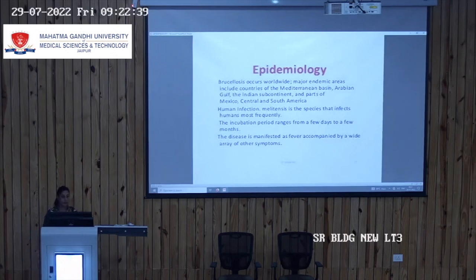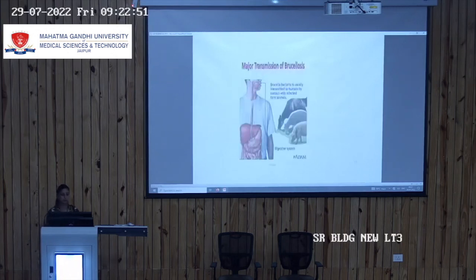In human infection, melitensis is the species that infects humans most frequently, and the incubation period ranges from a few days to a few months. It is mainly transmitted to humans from infected farm animals. So those who are handling livestock or farm animals are more prone to get this disease.